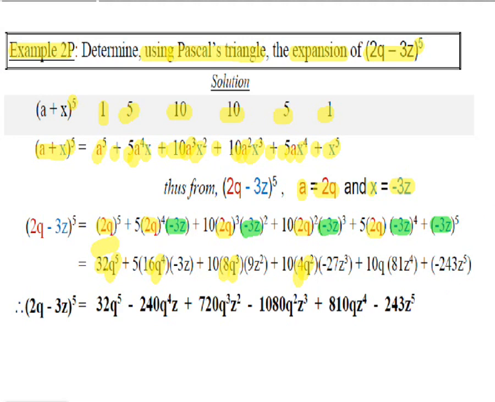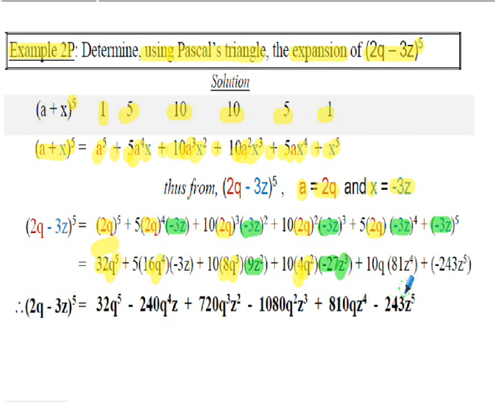If I look at the x terms, I have here a minus 3z squared, so that will become positive 9z squared. So minus 3 times minus 3, positive 9z squared. With this one here, I've got minus 3z cubed, so minus 3 times minus 3 times minus 3, which is cubing it, gives you minus 27z cubed.